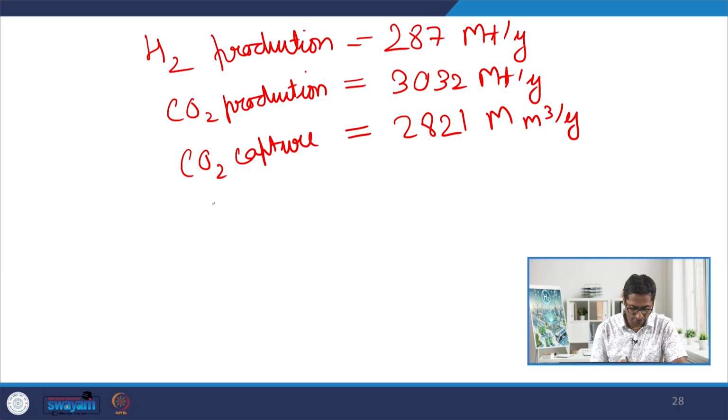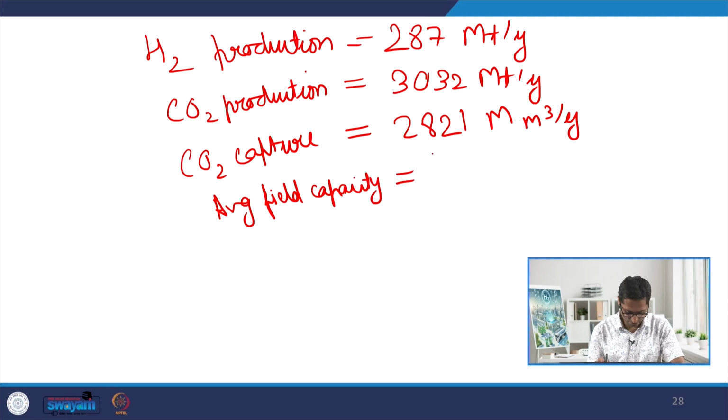The average field capacity is roughly of the order of 15.9 million meter cube.